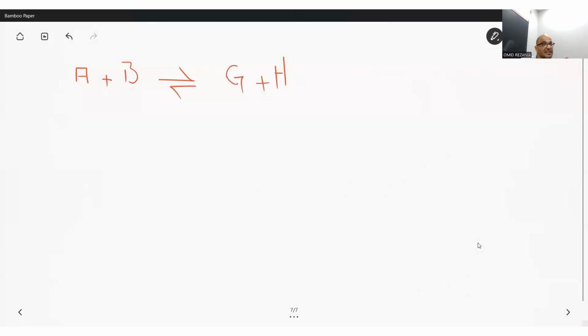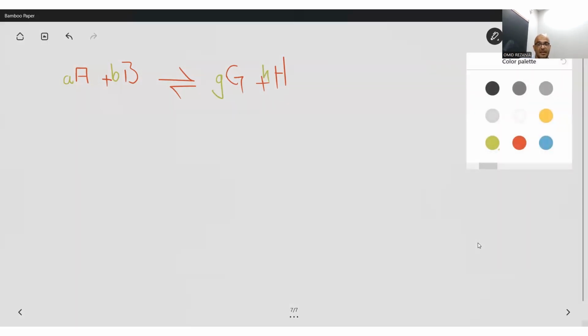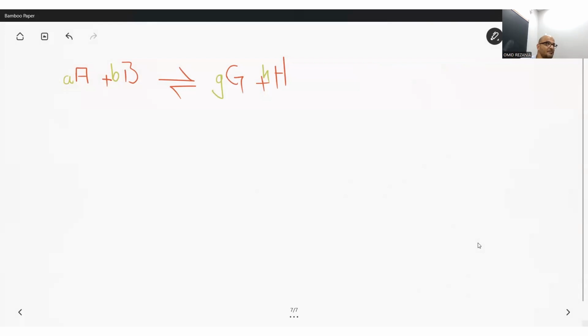As a result, in chemistry 1, we introduced the stoichiometric coefficients just for the purpose of conserving the mass. I'm going to write those coefficients with small letters a, b, g, and h. Now, in chemistry 1, you remember, we came to discuss an equilibrium constant.